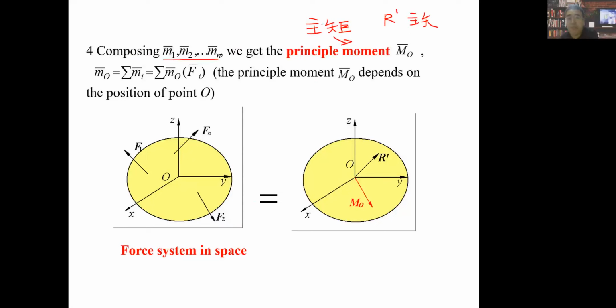So actually, you guys can think about that. This principal vector R prime will try to force this body to move along the three directions of X, Y, and Z. And because of the principal moment MO, it will try to let this object have some rotation around X, Y, and Z. Actually, maybe it just tries to force this body to rotate around an arbitrary axis, but that axis is also a vector.